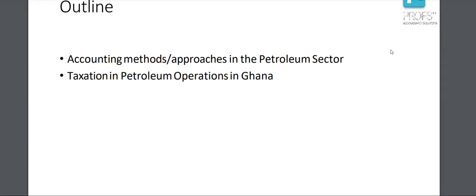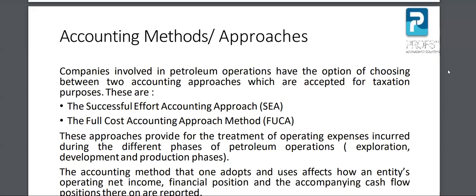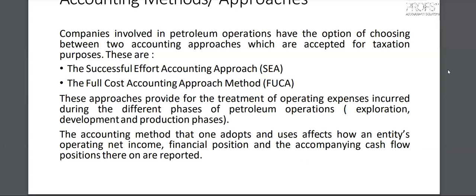But basically, we have two main approaches. We have the successful efforts accounting method or the full cost accounting method. Now, with the successful efforts accounting, as the name implies, it means that something needs to be successful, right?